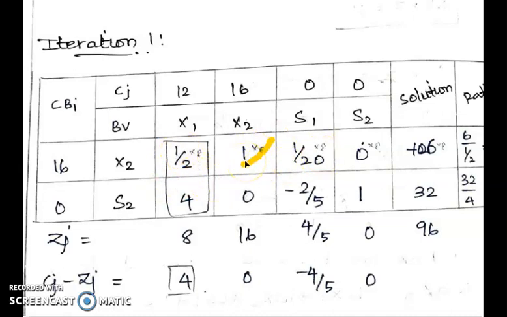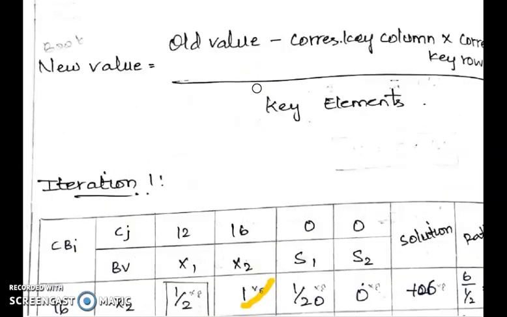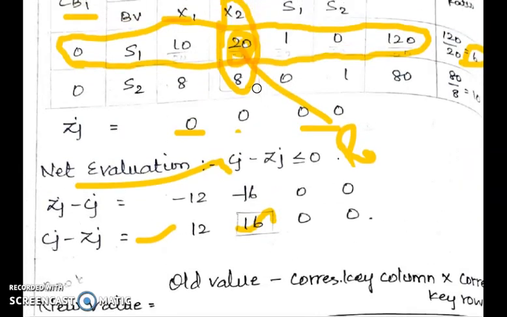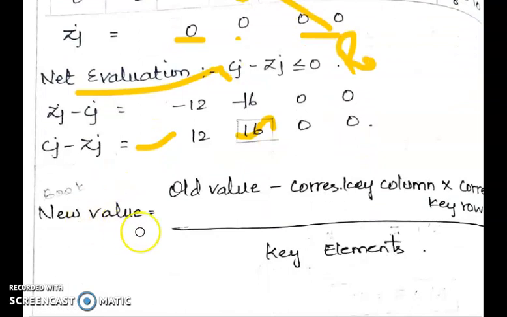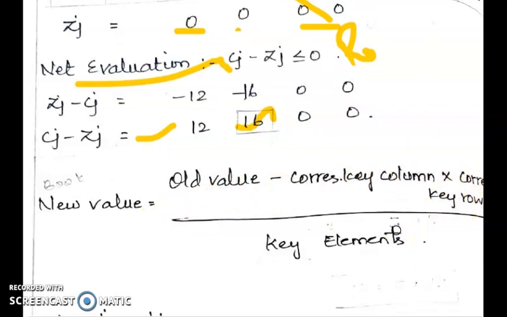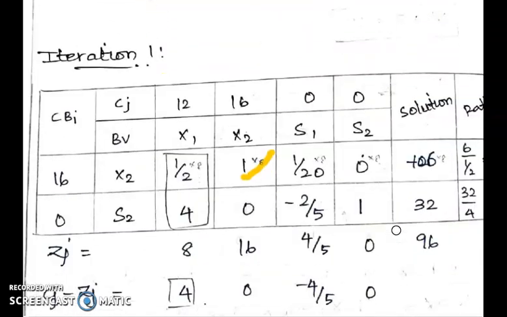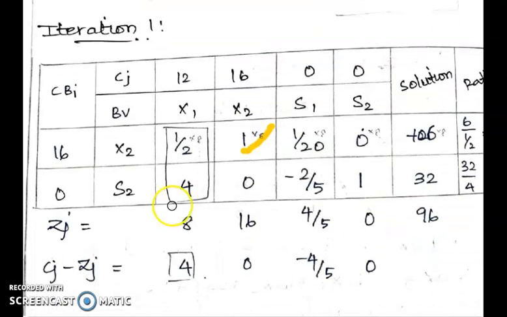In the corresponding column of the pivot element, the values should be 0, but here we have 8, so we use the formula: new value equals old value minus corresponding key column element into corresponding key row value. Using this technique we get these values. So this is iteration 1.